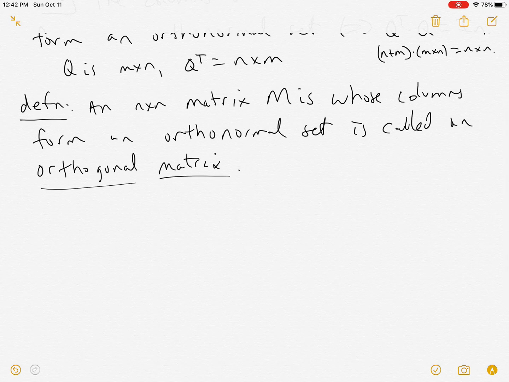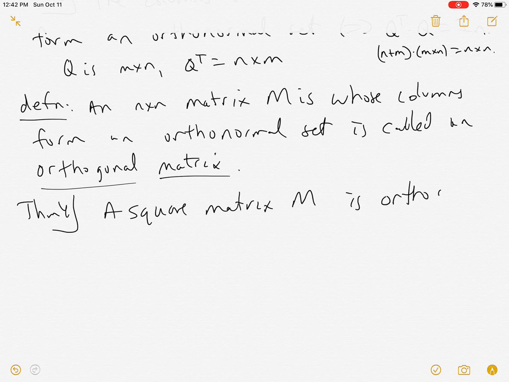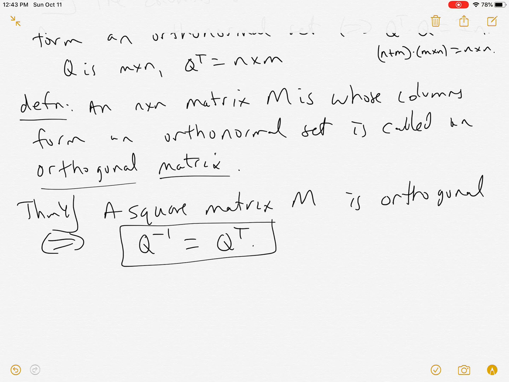And these arrive all over the shop, especially in applications. And so this leads to another theorem, theorem 4. A square matrix M is orthogonal if and only if its inverse equals its transpose. This is huge. Okay.